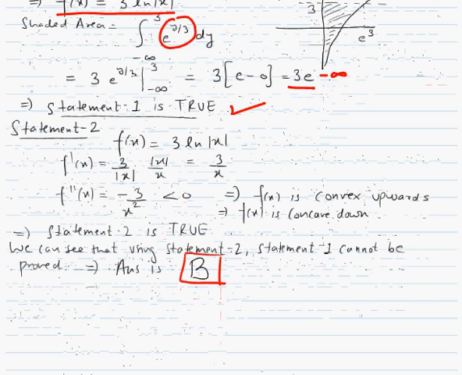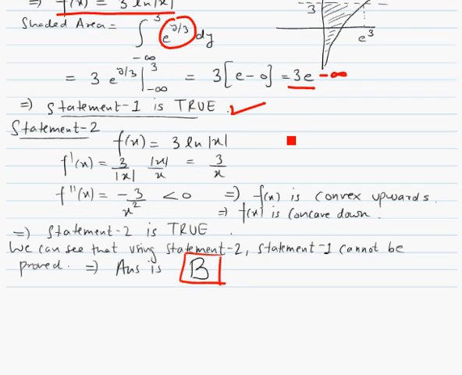And if you look at statement 2, we already got f(x) in the previous part, that is 3 log mod x. We differentiate f(x): the derivative is 3 into the derivative of log mod x, which is 1 by mod x into the derivative of mod x, and the derivative of mod x is mod x by x.